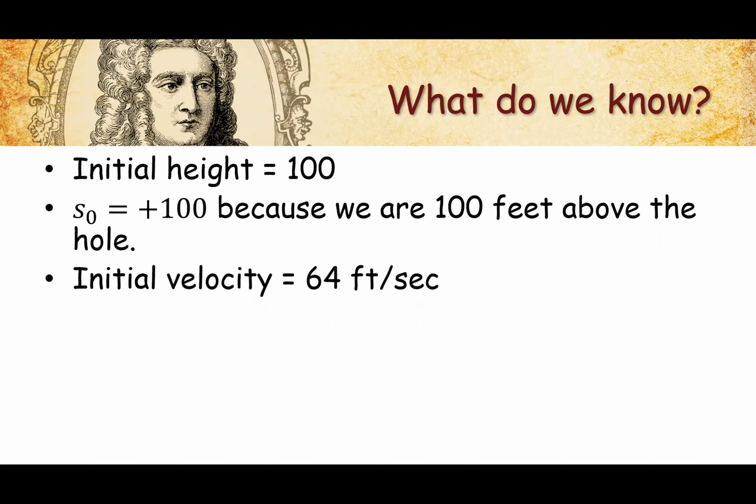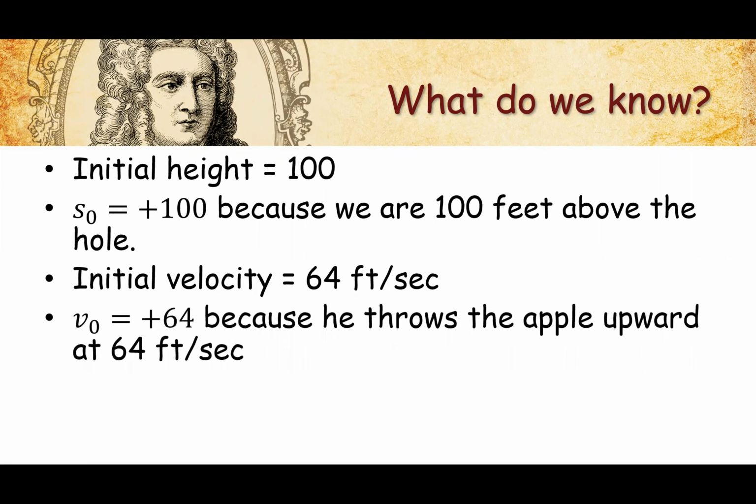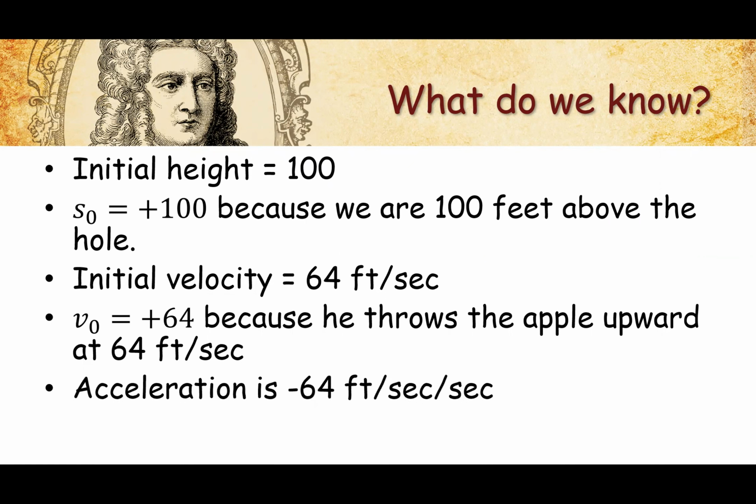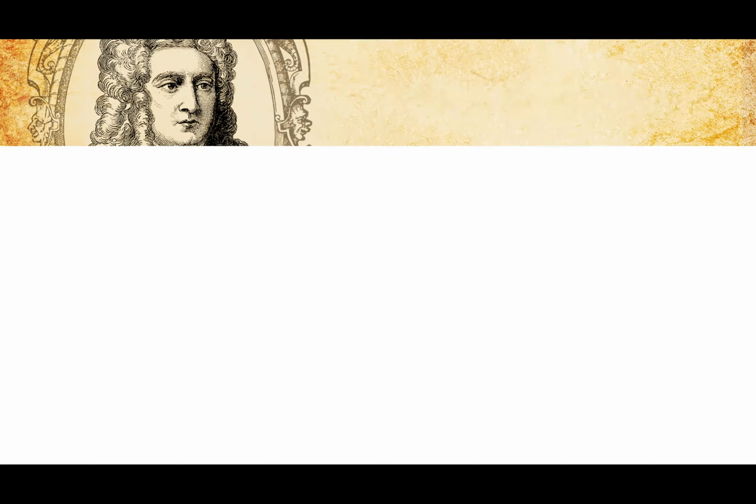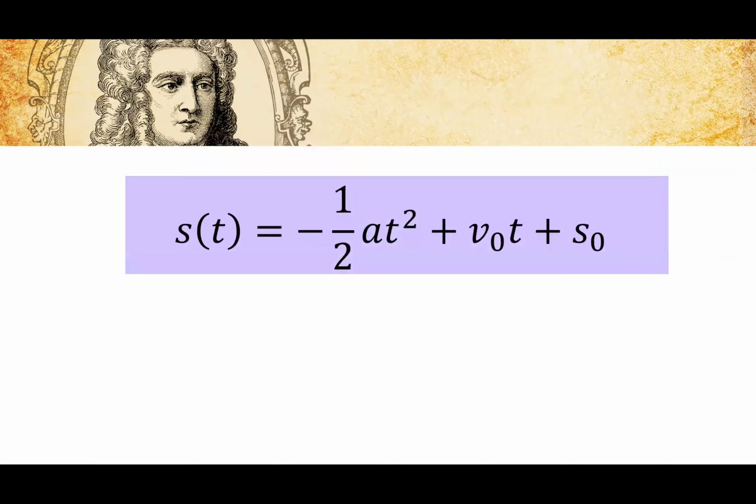The initial velocity is upward at 64 feet per second, because that's what he threw. We call that V0. And finally, the acceleration is negative 32 feet per second squared. I apologize for that.